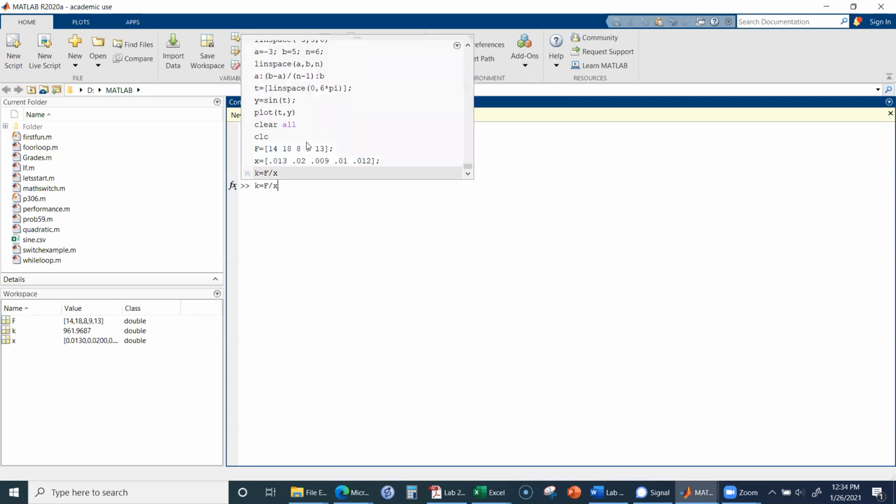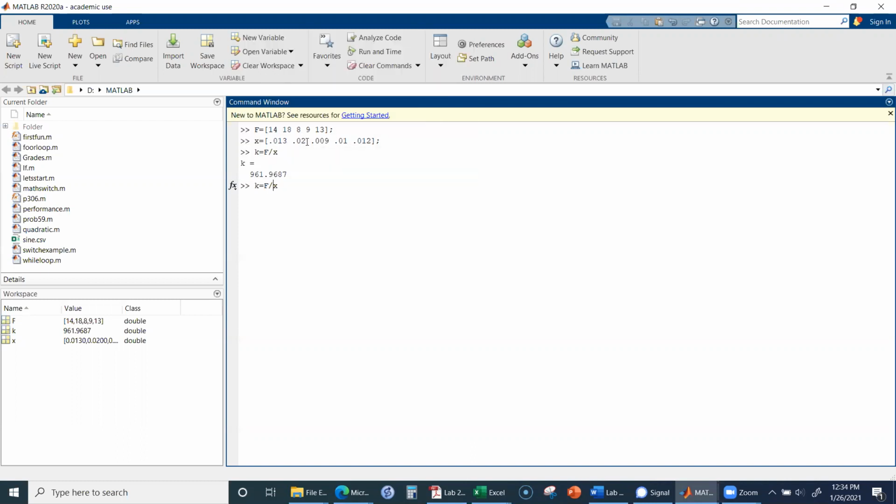So therefore, I would like to make a correction. The correction is that in MATLAB, I want the element by element division. So for element by element division, I will need to use the dot and slash operator. Dot, not just the slash operator. It will be the dot and slash operator. So in this way, I will get the element by element division, and then I will get data like this.